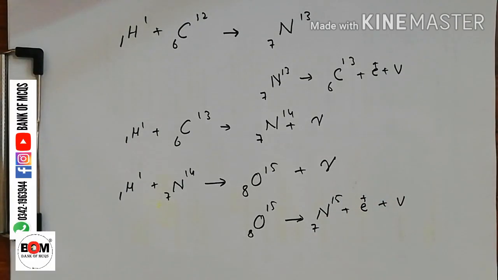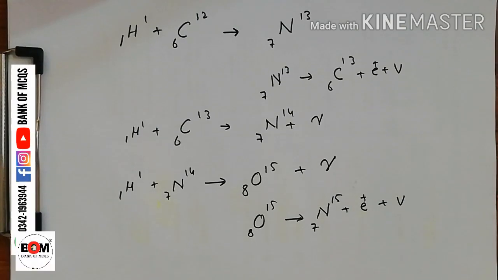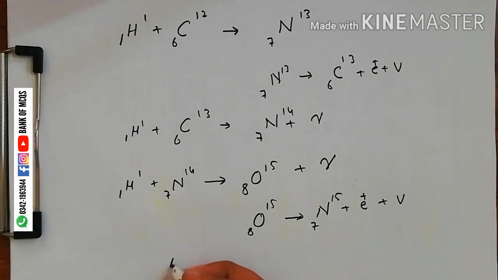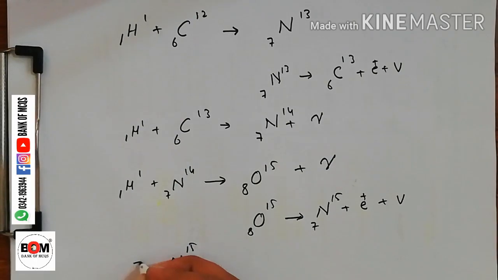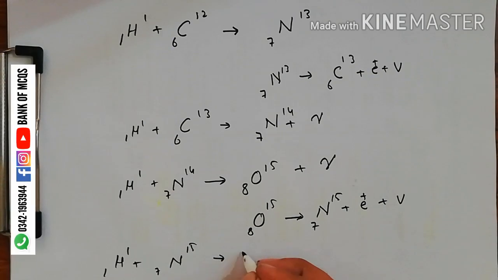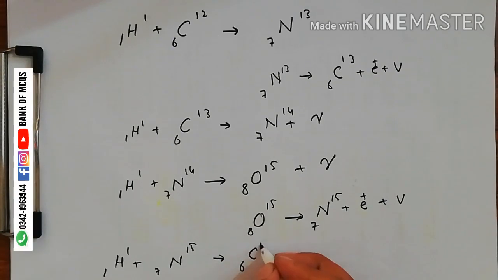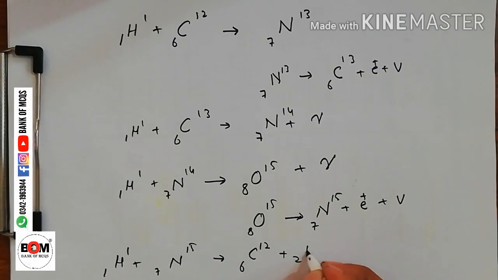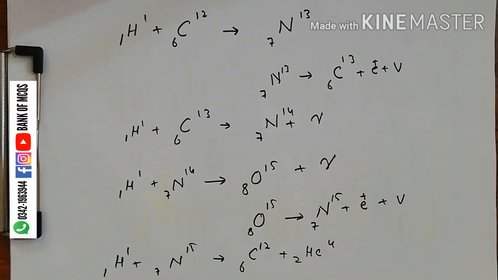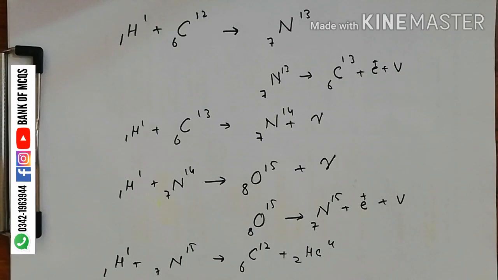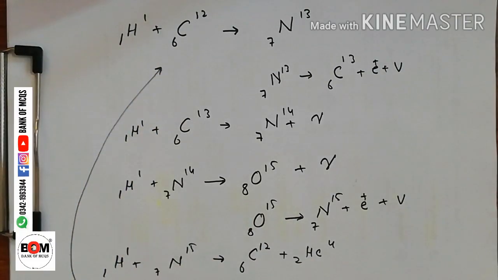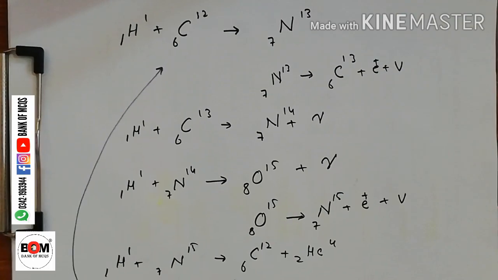In the next step, this nitrogen reacts with a proton, and this gives us C612 plus 2He4. So this is the whole cycle. At the last, this cycle continues because C612 is again produced.